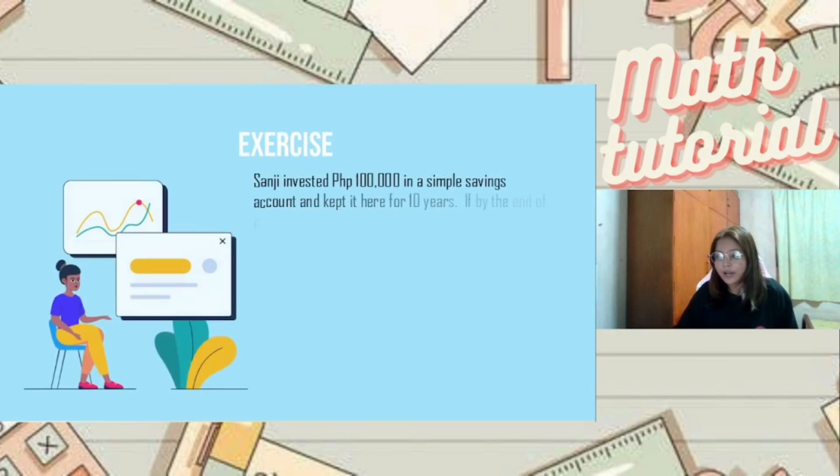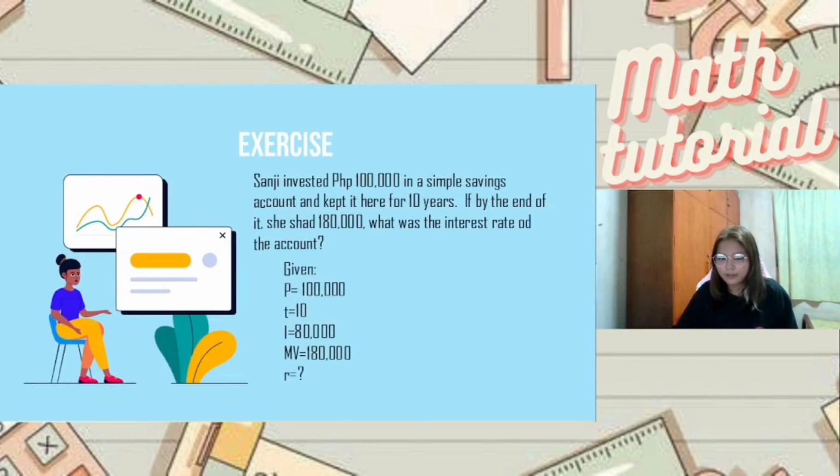So, we have here an exercise. Pwede nating i-pause tong video para masulat natin or masagutan natin tong exercise natin. So, if nasagutan na natin yung exercise, let's dissect it and check kung tama ba yung sagot natin.